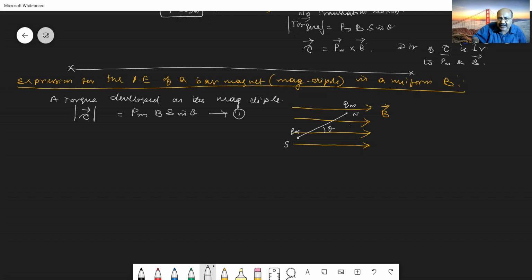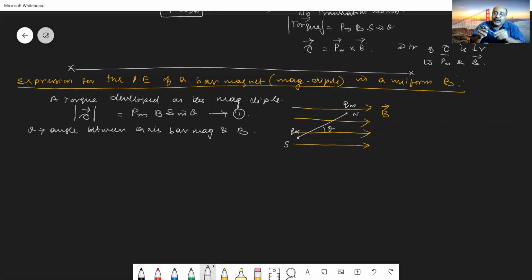Take this as equation number 1, where theta is the angle between the axis of the magnetic dipole, or the axis of the bar magnet, and the applied magnetic field B. Now, this torque will try to rotate the magnet or the dipole parallel to the magnetic field.